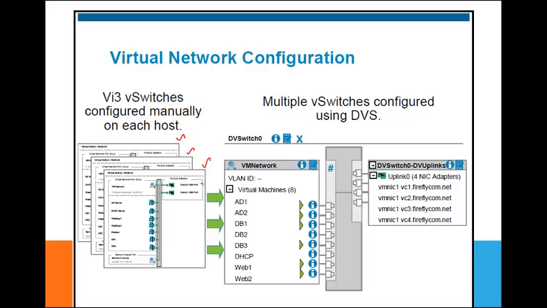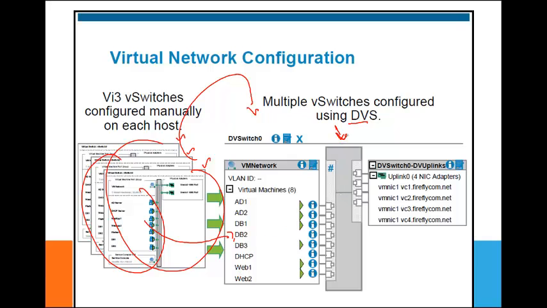But now because of VDS, we have all three machines in one vSwitch, one group. All these machines are right here. I see it as one single switch having all these VMs.